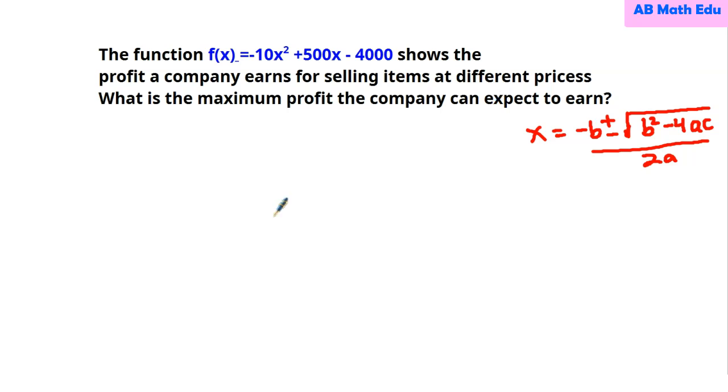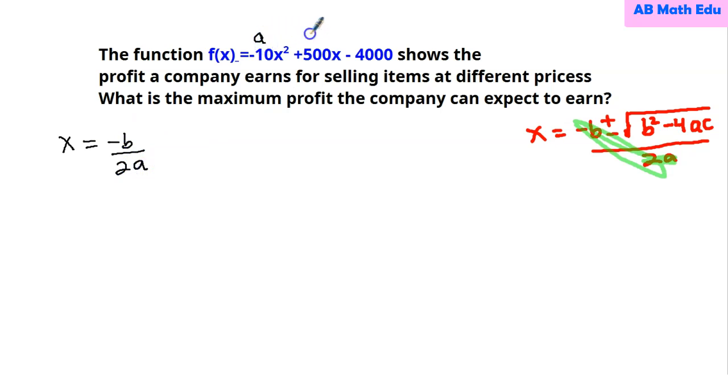Okay, so let's go ahead and find. X is going to be the items and f of x is going to be the profit. So first of all, let's find how many items we have to sell to give us a maximum profit. As we are talking about the maximum profit, that means we are talking about the vertex, using x is equal to negative b all divided by 2a.